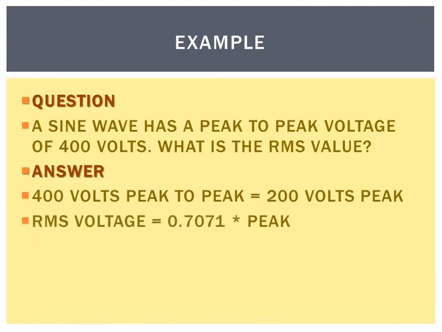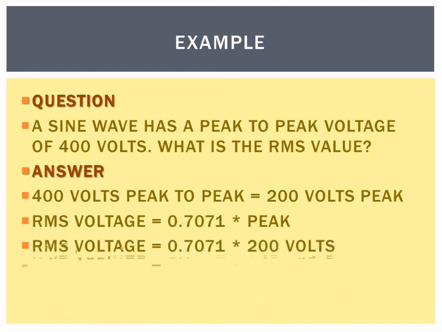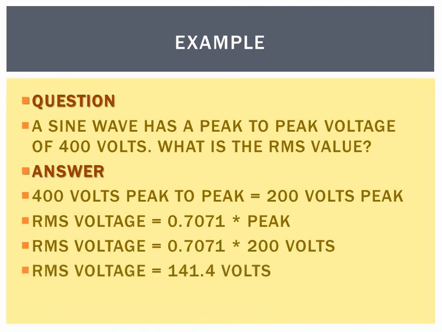And if we want to find the RMS voltage, we just take our factor, which is 0.7071, and we times it by the peak voltage. So in this case here, that's times by 200 volts, and we get an RMS voltage equal to 141.4 volts. So 400 volts peak to peak is equal to 141.4 volts RMS.